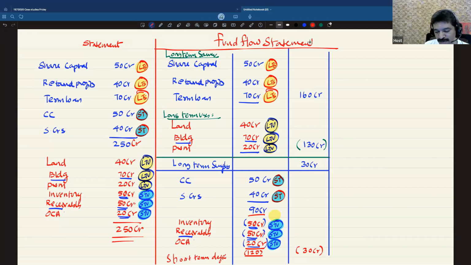I get goosebumps whenever I say this, because it's such a beautiful statement which is going to act like a scan report or X-ray report. It's going to show you many things which the balance sheet and P&L cannot communicate on the face.